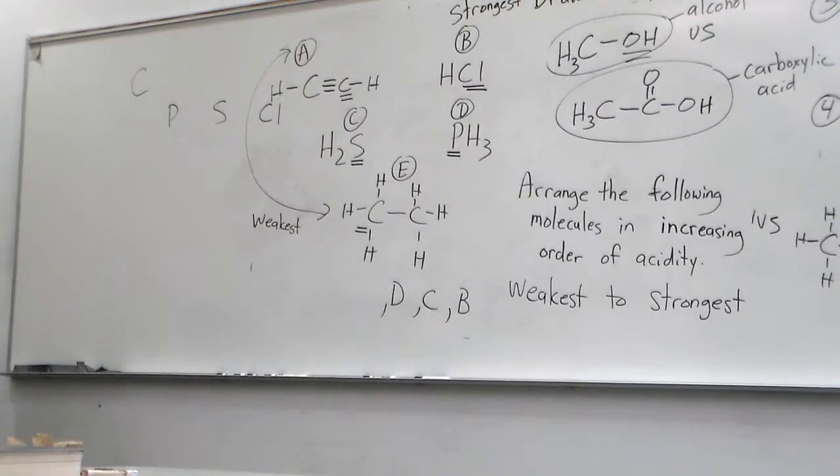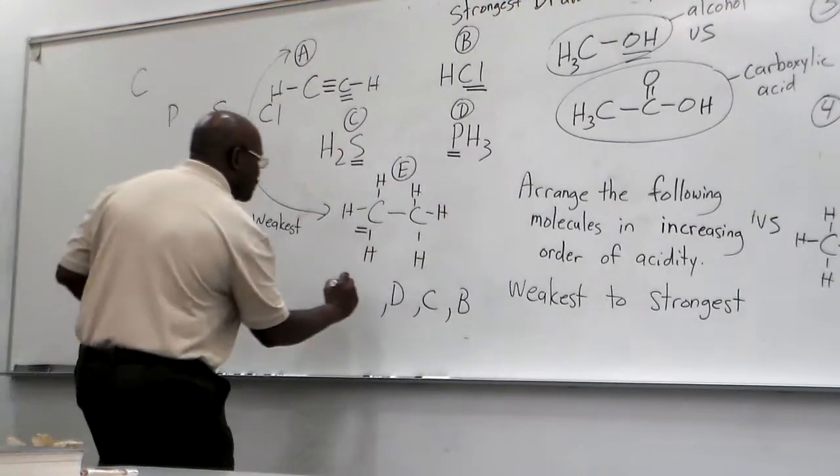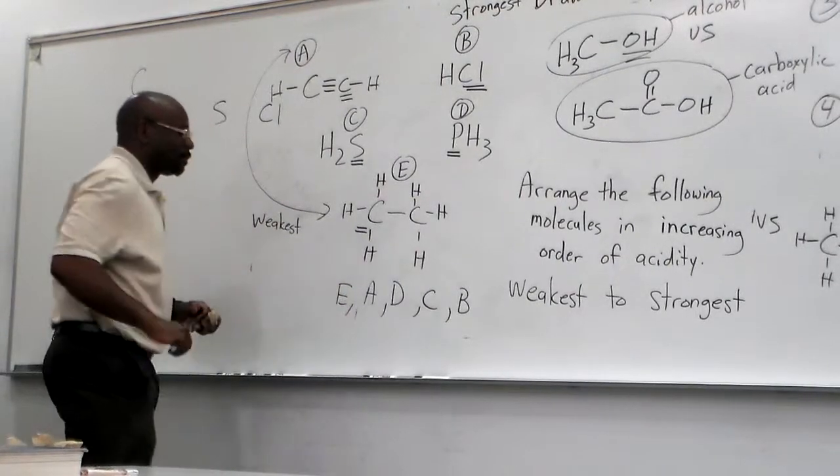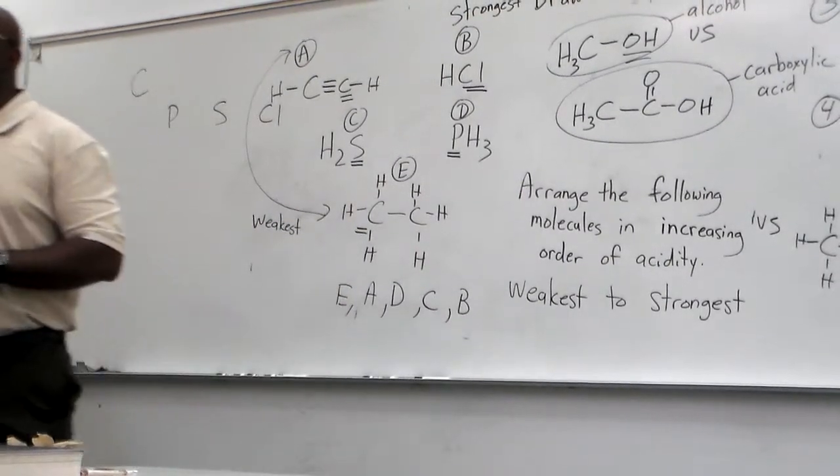For the first two, we got A versus E. Which one is stronger between A and E? A. So that makes E the weakest. So it'll be EADCB.